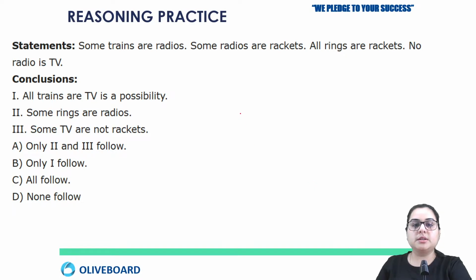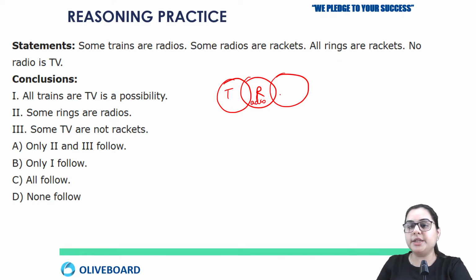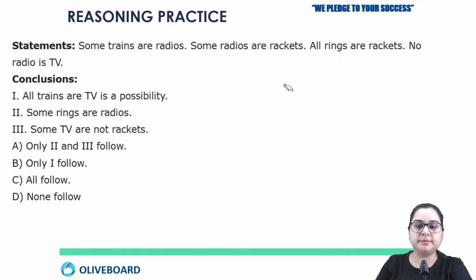So some trains are radios. Some, now let me write it because here again that is happening, two words with the same initial. Some radios are rackets. Then all rings are rackets. I'll make a bigger diagram to have a clear understanding. Okay.